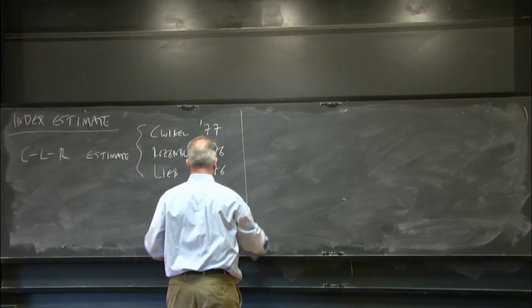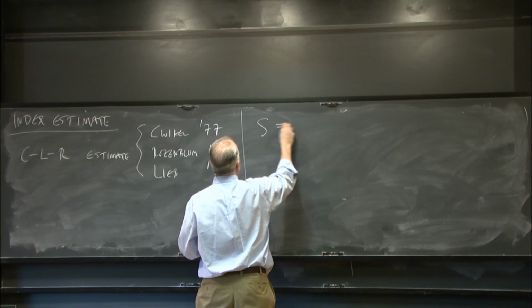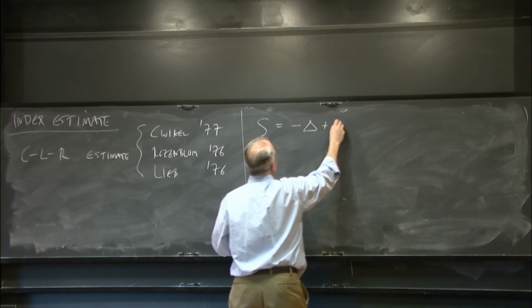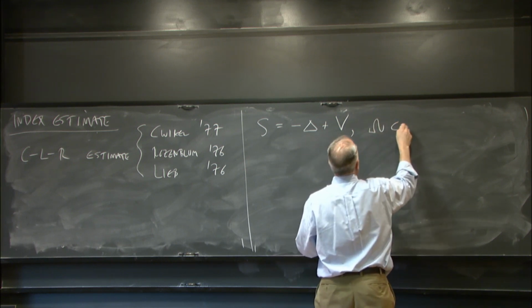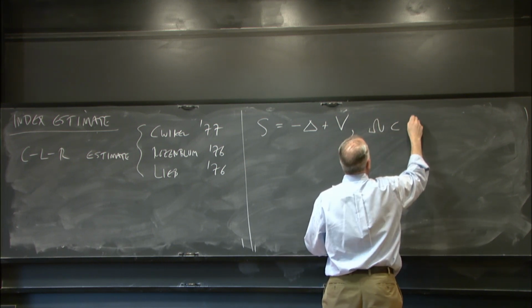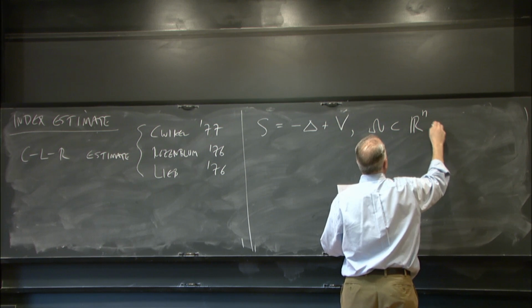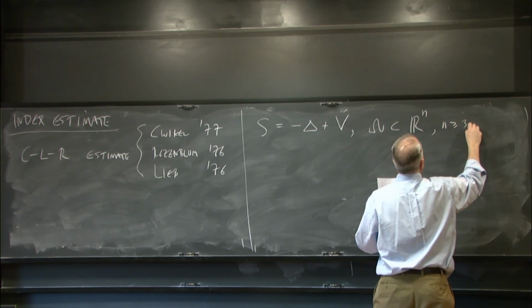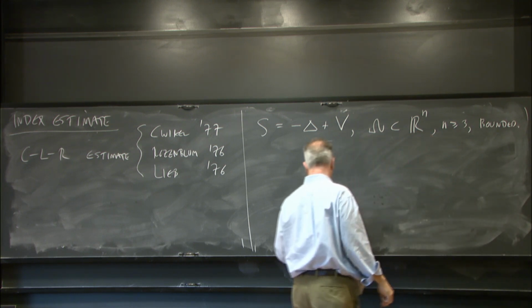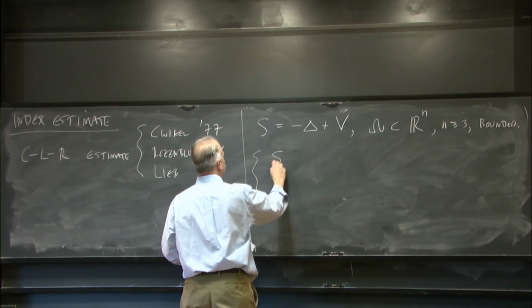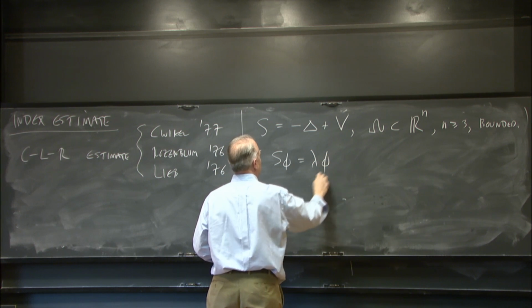So it says the following: consider a Schrodinger operator of the form minus Laplacian plus V, and let omega be a bounded domain in Euclidean space, at least dimension 3. So we're going to look at the Dirichlet eigenvalues of this operator.